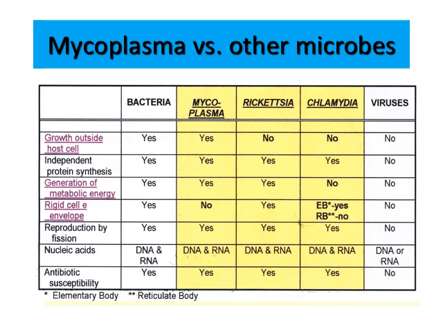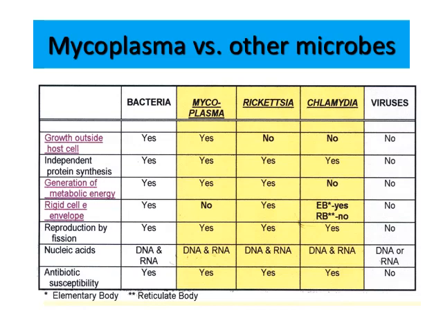If you look at growth outside the host cell, you can see Mycoplasma has an ability to grow outside the cell as compared to the others, which are considered intracellular parasites. Because they are parasites, they need to find a good cell, and these microorganisms will use your cell nutrients to meet the growth requirements for their own growth.